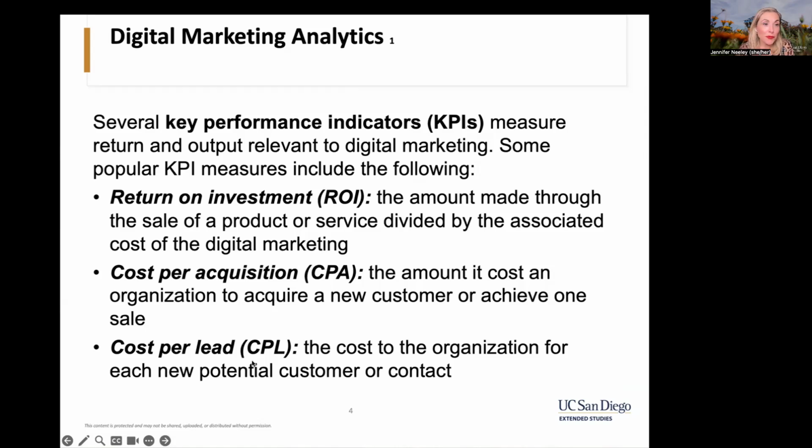The second analytic that you need to know is cost per acquisition, or CPA, the amount it costs an organization to acquire a new customer or achieve a sale.